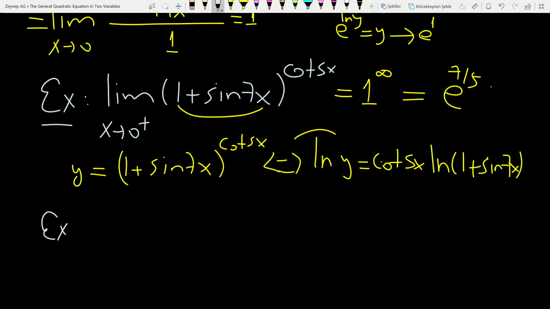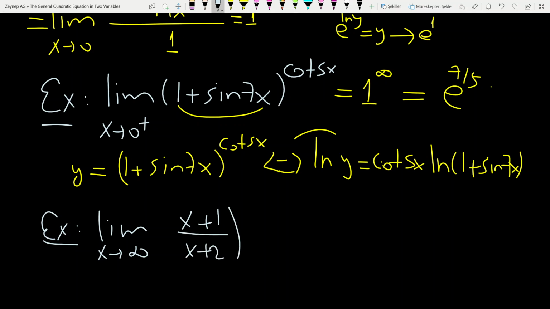Another example: the limit when x tends to infinity of ((x plus 1) divided by (x plus 2)) to the power x.